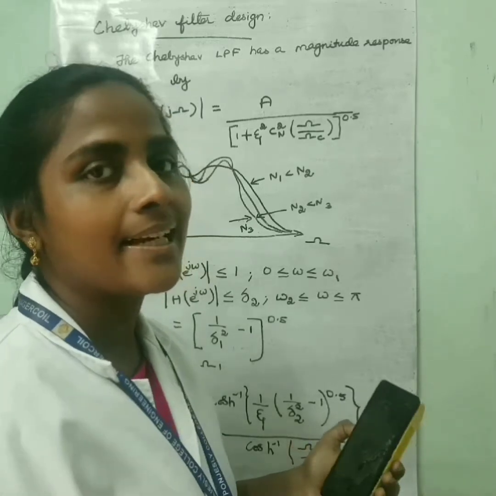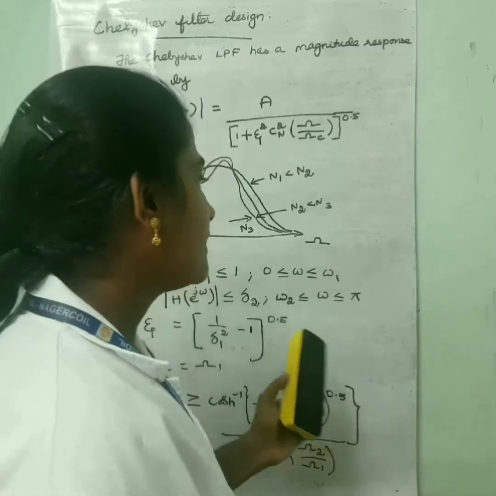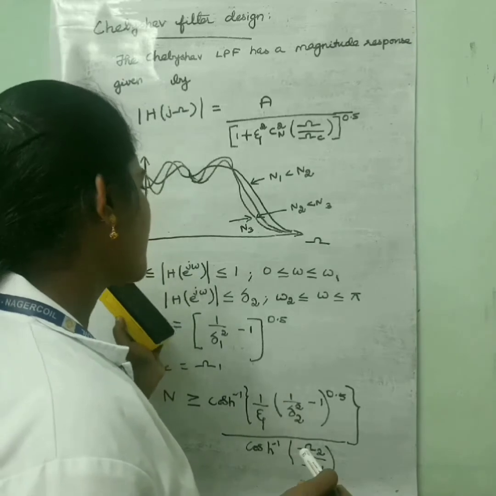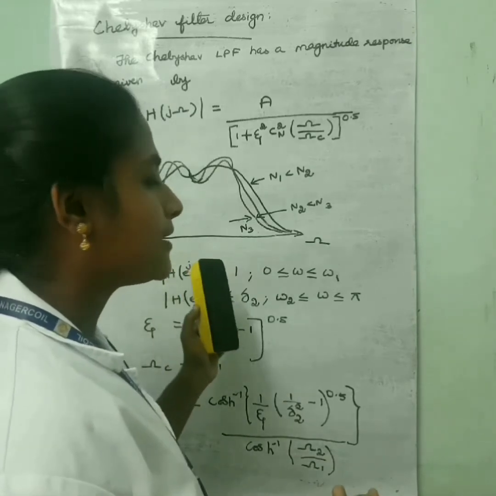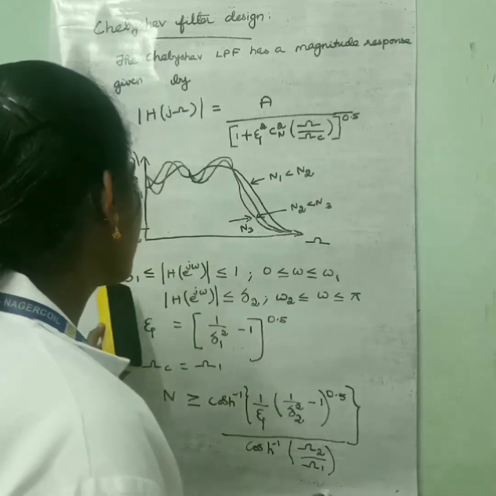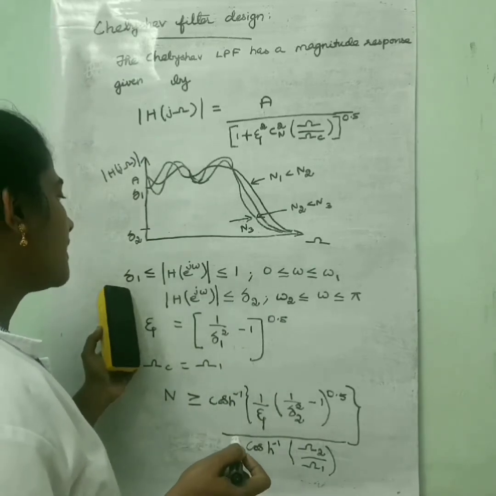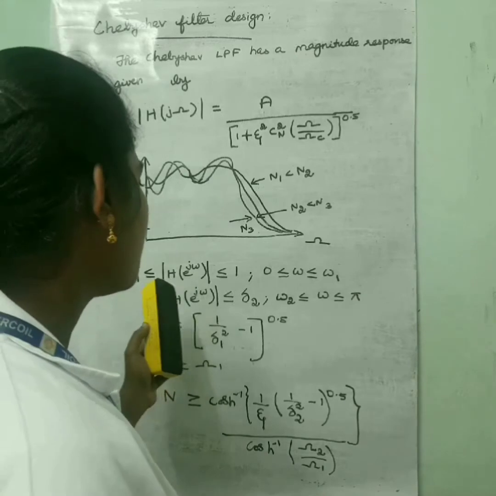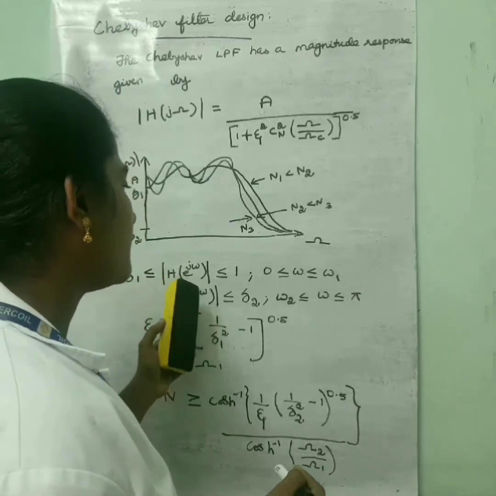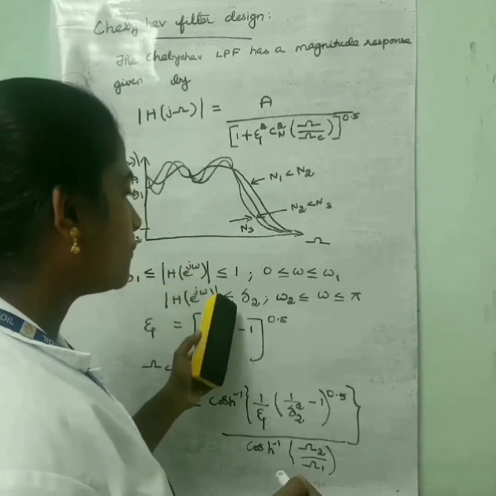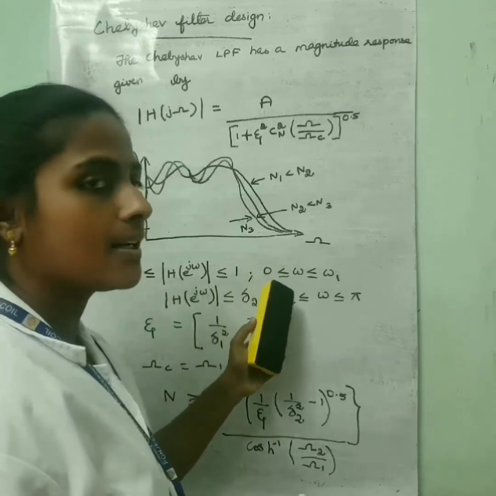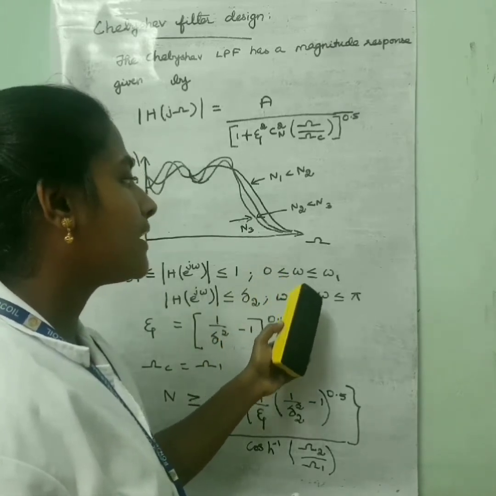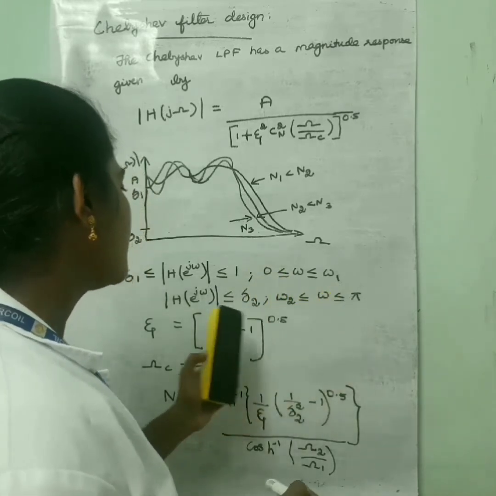Now we can see the design specifications. The design parameters for the Chebyshev low pass filter are: del 1 less than or equal to modulus of H of e power j omega less than or equal to 1, for the range 0 less than or equal to omega less than or equal to omega 1.